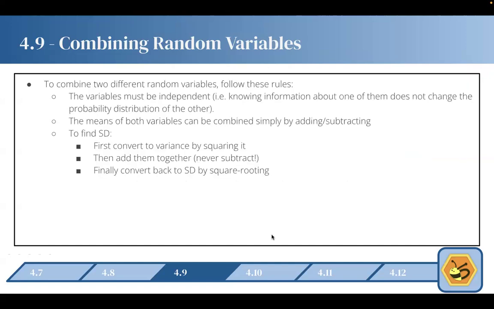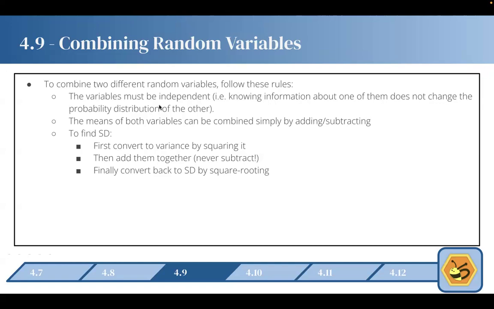Great. So let's also take a look now if we want to combine two different random variables together, right? We have some distribution that's going to tell us something, and another distribution that tells us a completely different thing, and we want to combine them. First of all, they have to be independent of each other.